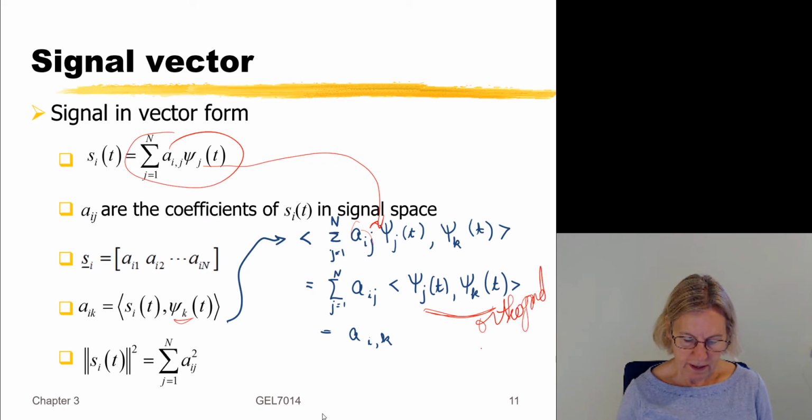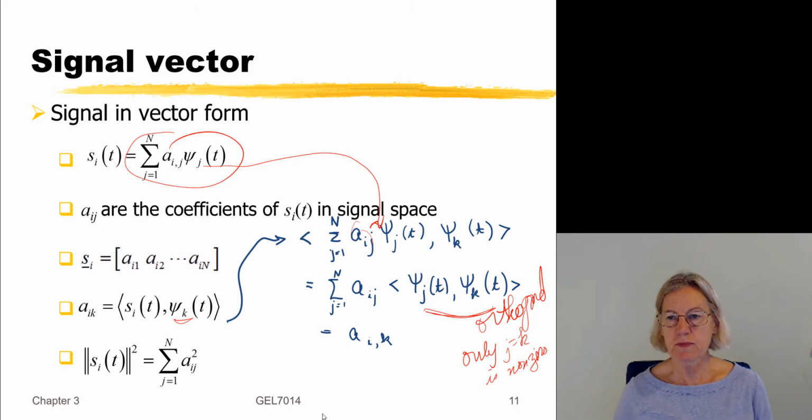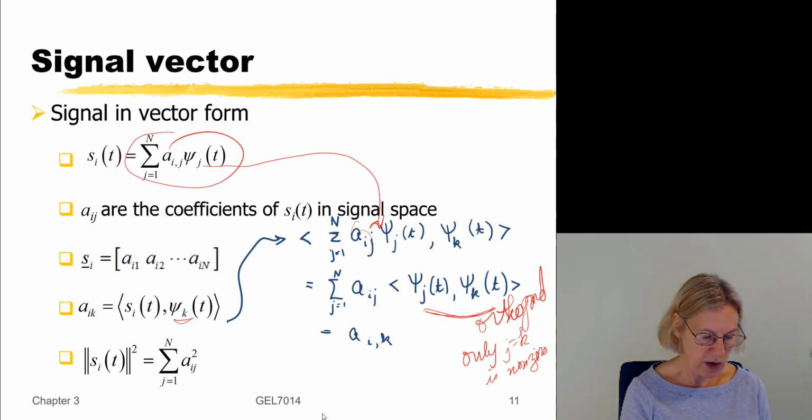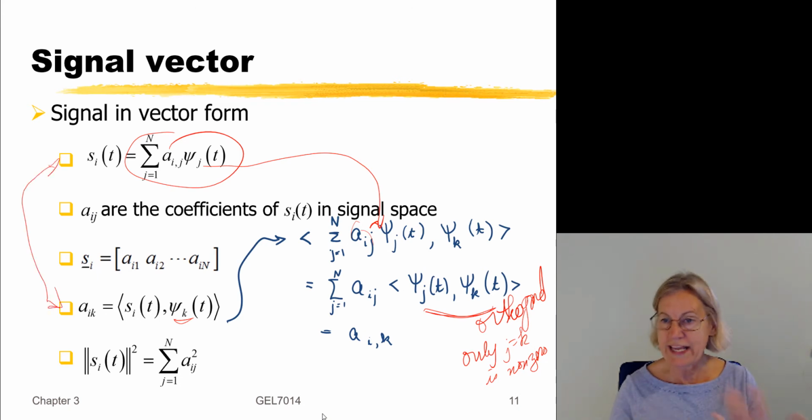So only j equal k is non-zero. So I have a sum, but the sum disappears because all of them are zero except for one element, when j equals k. And that one gives you a 1. So this just shows that these two equations are complementary. They give one another. So this is where I get that the way I find this coefficient is by this inner product.